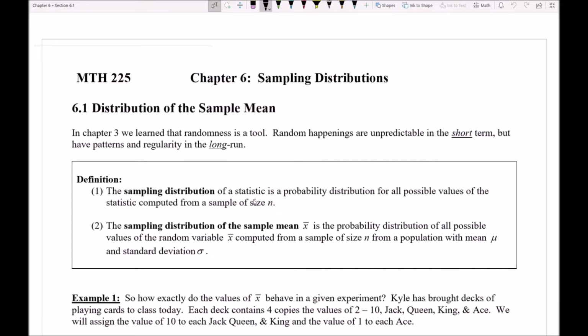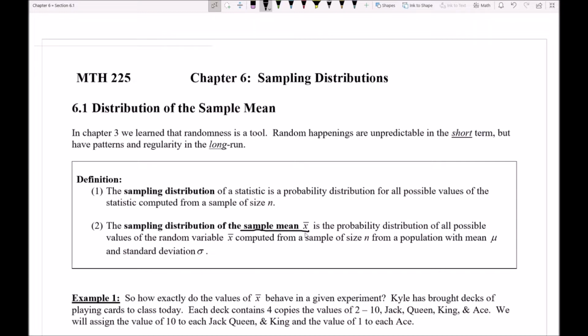One statistic that might have values that change from sample to sample is the sample mean, which of course we know has the symbol x bar. So what we're going to look at in this section is how the variable x bar acts as a random variable. That is, its value will be determined by chance as we take different samples.